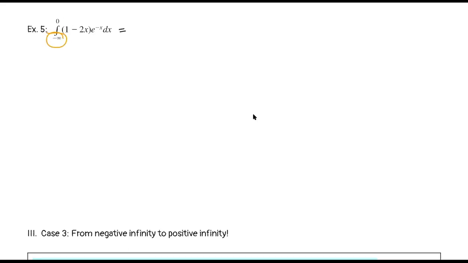And so this is going to give me the limit as t approaches negative infinity, from t to 0 of (1 minus 2x) e to the negative x dx.